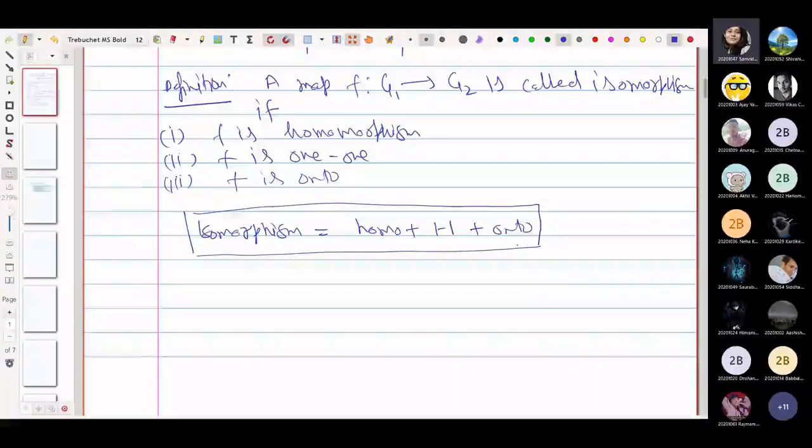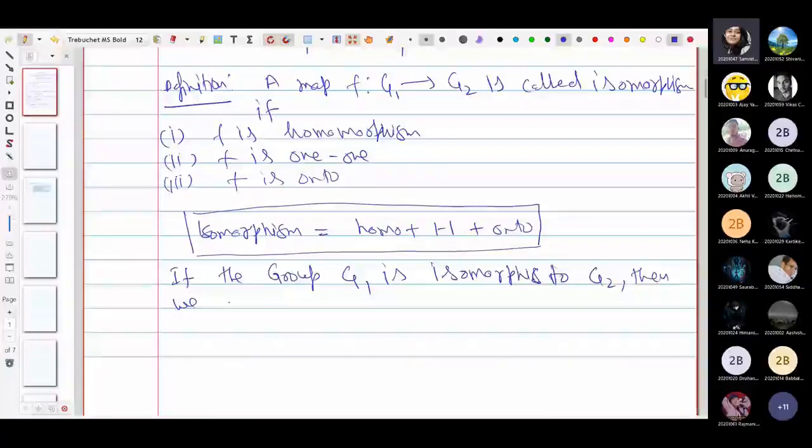Okay, so if the group G1 is isomorphic to G2, then we write G1 is isomorphic to G2 with this notation.